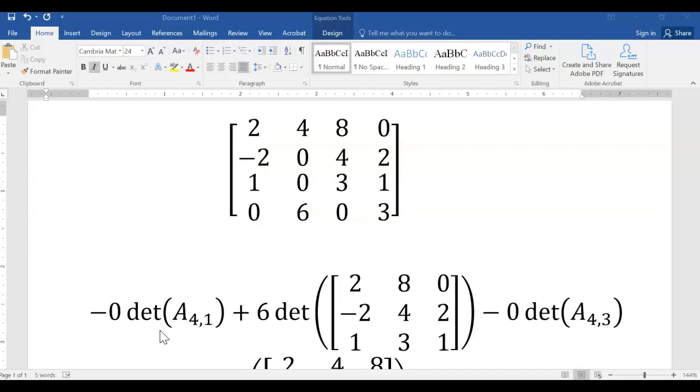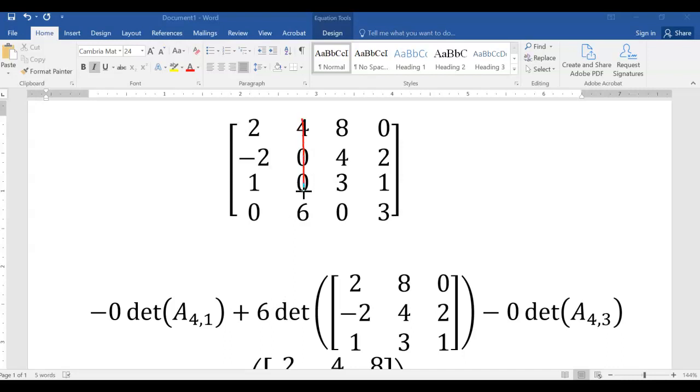Now, the next thing we do, we go 6, and 6 is in the second column and the fourth row. 4 plus 2 is 6. Even number means I'm going to use a plus 6. So plus 6 times the determinant.